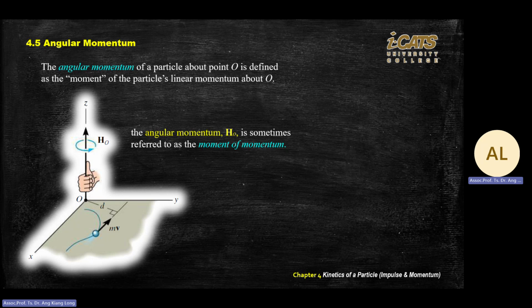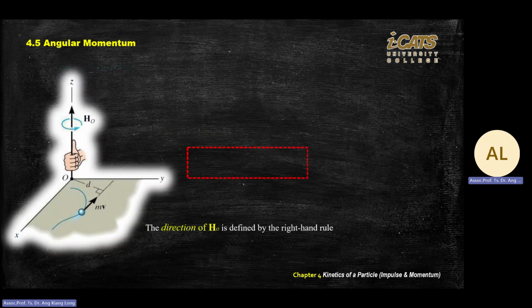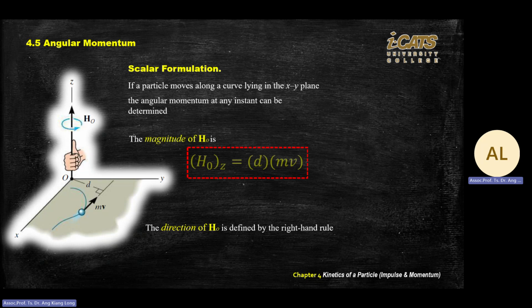You take the moment of the momentum, and you derive the equation. You know that this is a vector. Vector, you have direction and magnitude.